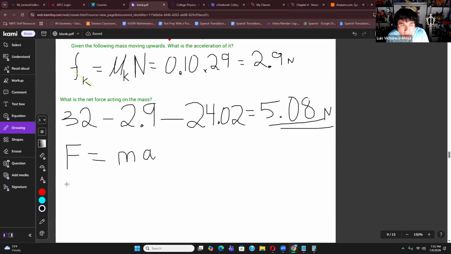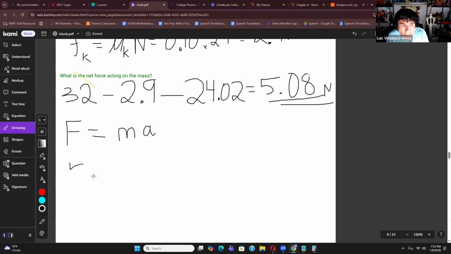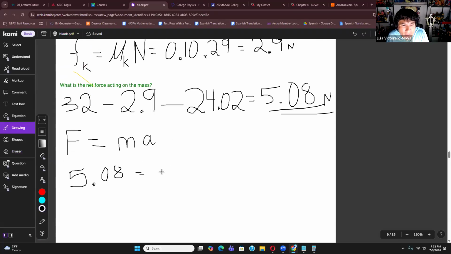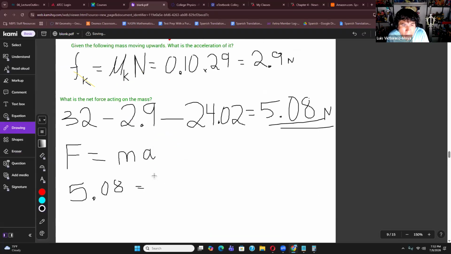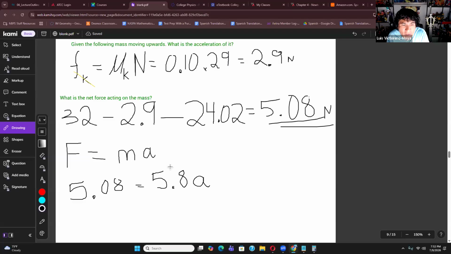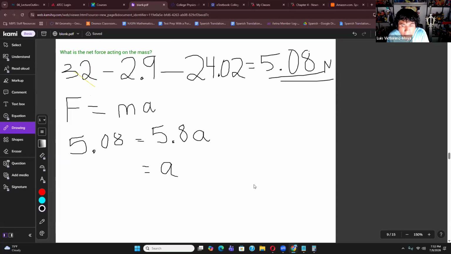The net force is this, that's the mass times acceleration. What's the value of the acceleration then? 0.87? Yeah, 0.87 meters per second squared.